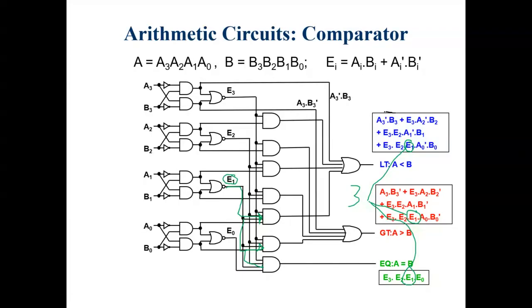What is this thing? Because A3 is 0 and B3 is 1, it is actually what? L3. And what is this thingy? L2.